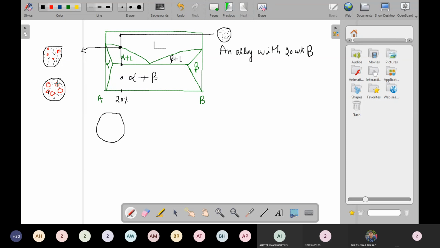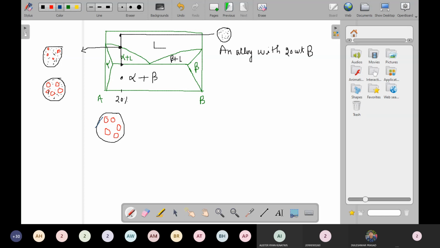The alpha that was present initially is not going to change. It will remain as such in the solution. And whatever is the liquid, if you see the dotted lines here, this is the liquid that is going to be converted into alpha plus beta. So let me draw it.